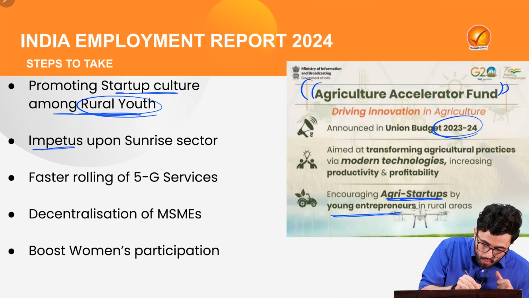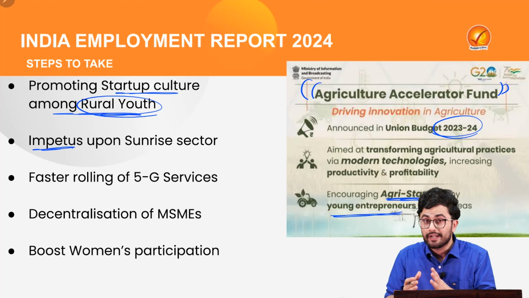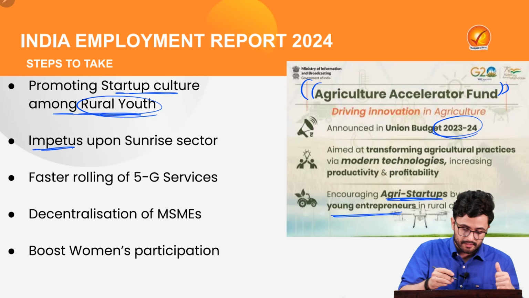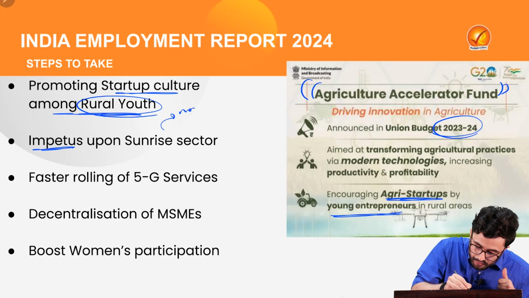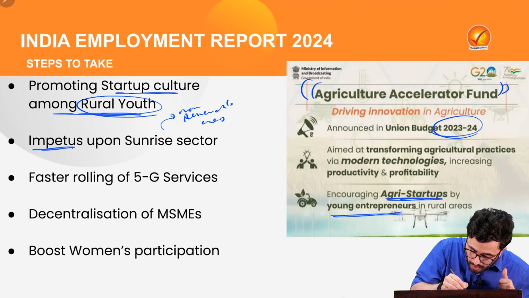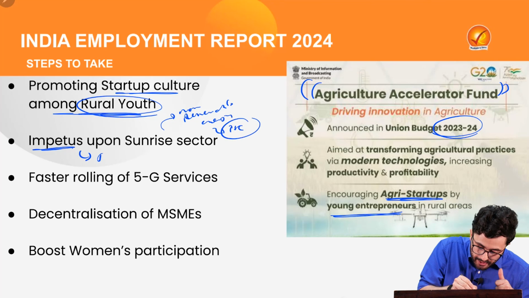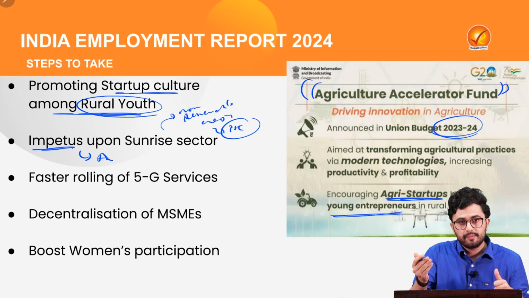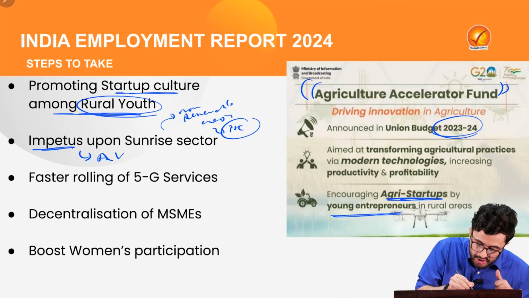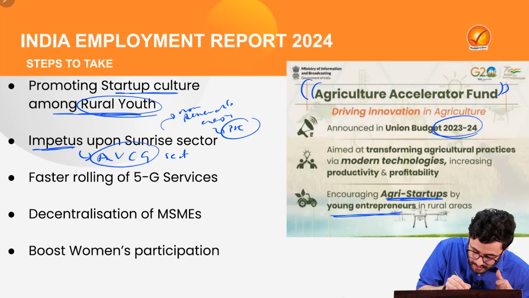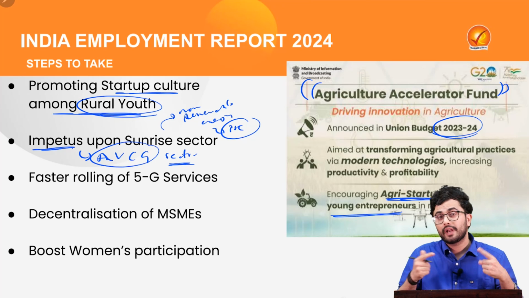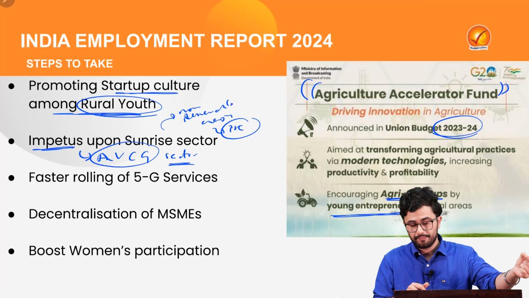Also, the report suggests that we should put impetus on sunrise sectors such as manufacturing of renewable energy components such as photovoltaic cells. Also, we can put impetus on upcoming sectors such as animation, videography, comics, gaming, etc., which is also likable with Gen Z.